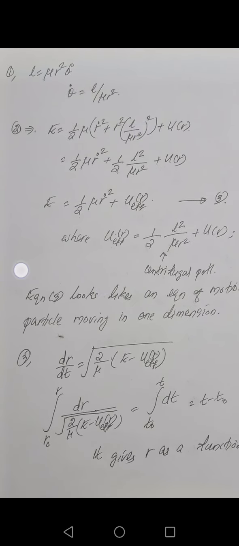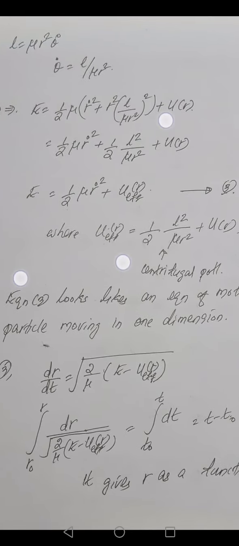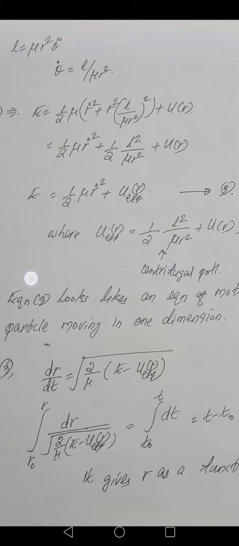Now, we have L is equal to mu r squared theta dot. From that, theta dot is equal to L by mu r squared. Now I am substituting the value of theta dot in the equation of energy, so E is equal to half mu r dot squared plus mu r squared times (L by mu r squared) squared plus u of r.